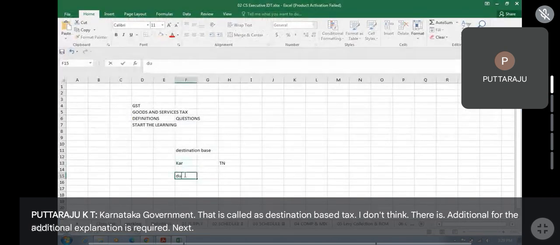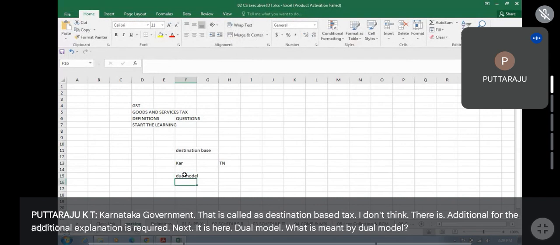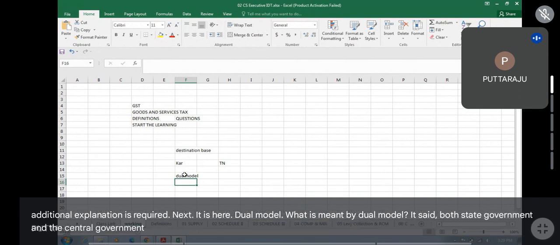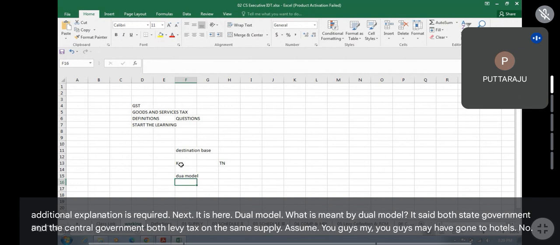Next, it is a dual model. What is meant by dual model? Both the state government and the central government levy tax on the same supply. Assume you guys may have gone to hotels, no?